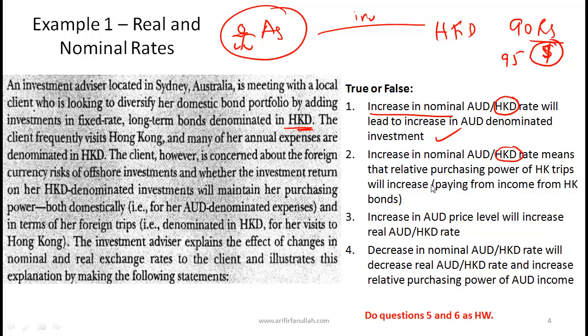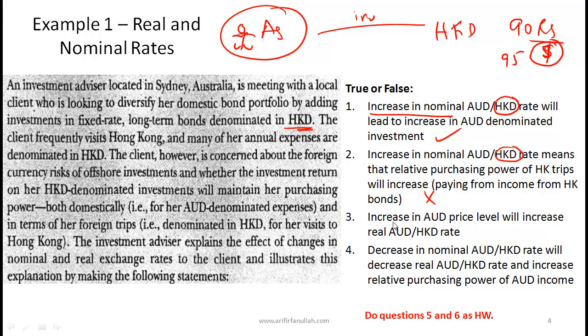You are indifferent, because it doesn't matter whether the currency is appreciating or depreciating. If you have money in Hong Kong and you are paying there, the exchange rate doesn't come into play. So this statement is false. You should be indifferent.